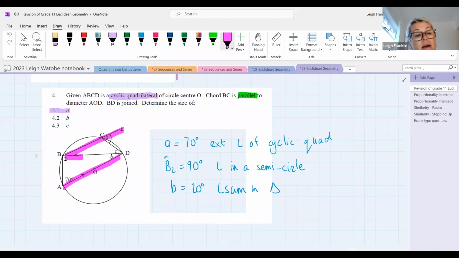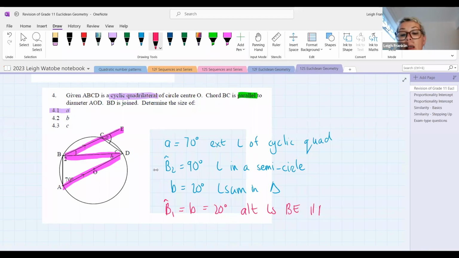And in fact, here, what I have are alternate angles. So angle B1 is equal to angle B. So it would be equal to 20 because of alternate angles. That is because BE is parallel to AD. Remember, I have to name the parallel sides.